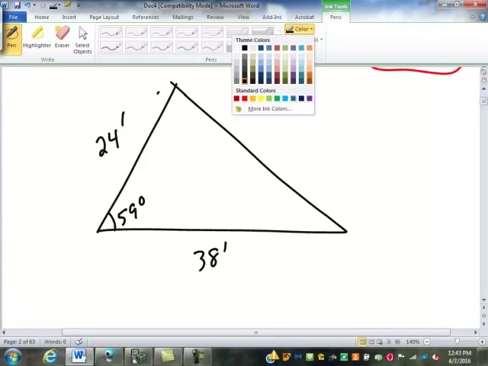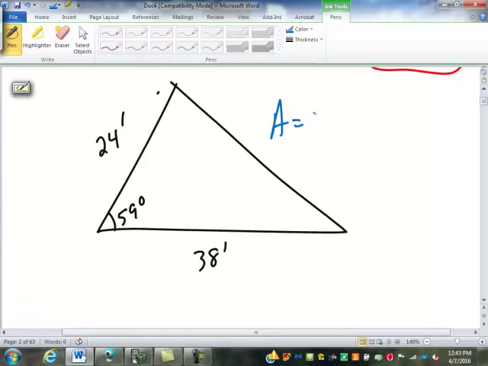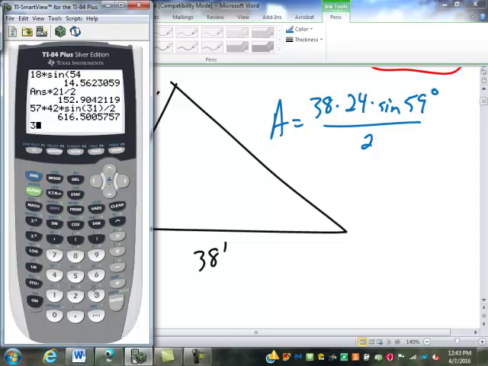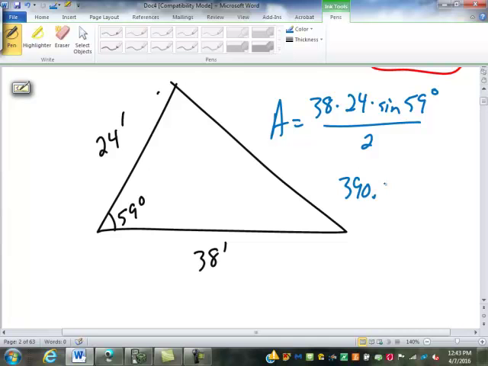Okay, so this area is going to be 38 times 24 times the sine of 59 degrees over 2. 38 times 24 times sine 59 divided by 2 is 390.87 square feet. How many of you had that? Okay, beautiful.